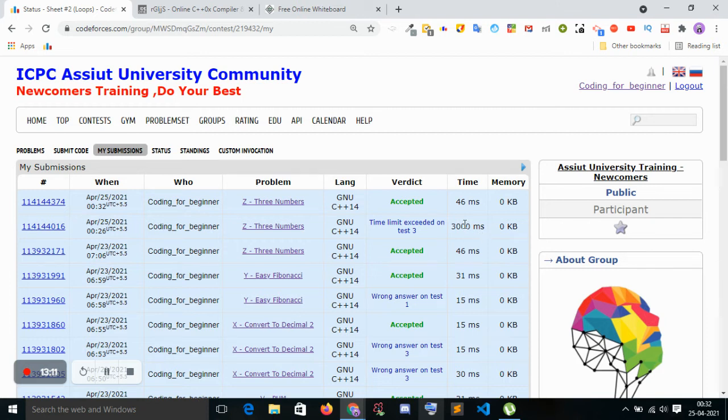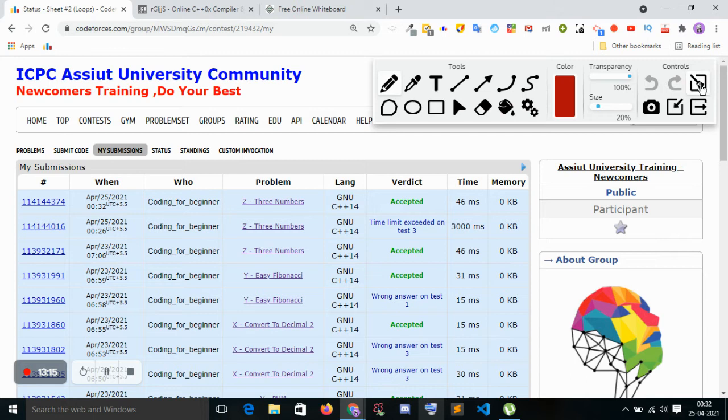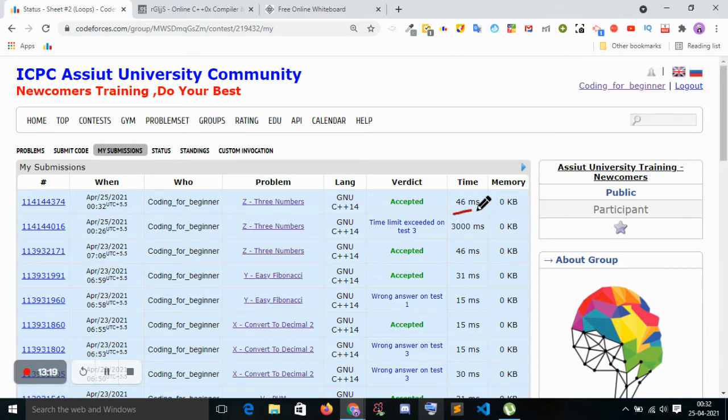Now let's check. We actually solved this problem within a second. It took only 46 milliseconds, and we have 1000 milliseconds for 1 second. We can actually calculate how many operations we do.